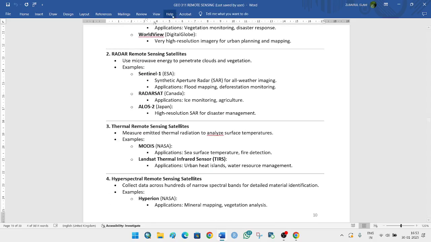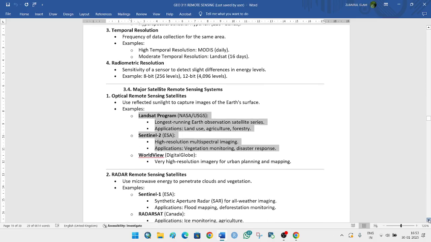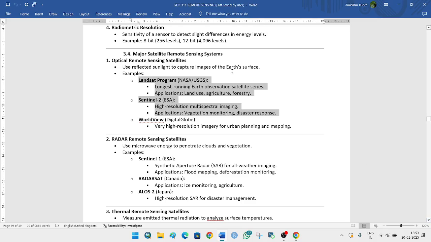The good thing is that Landsat as well as Sentinel data is free of cost. Go to the internet, even download the data of any area, of any of the available time. Then we come to what view data is very high resolution, is good for urban planning and mapping. So this is about the optical remote sensing satellite.